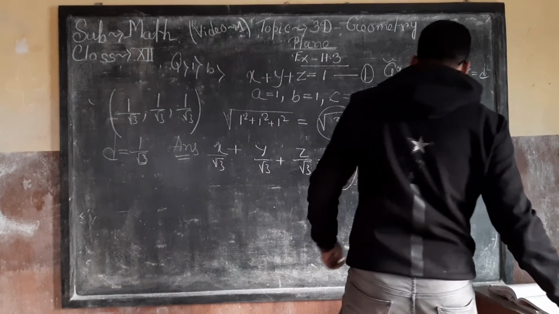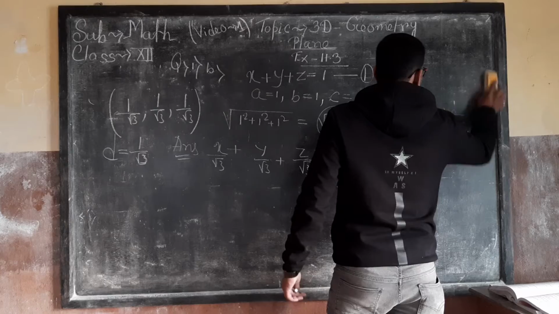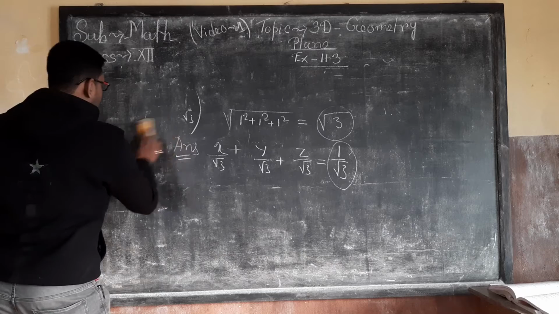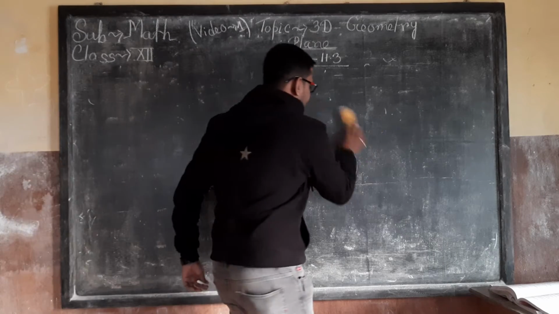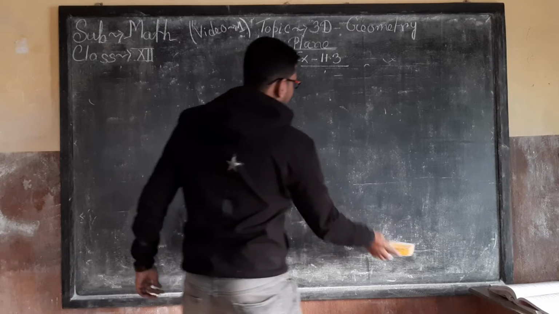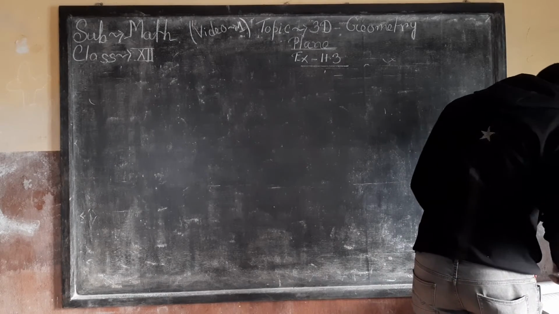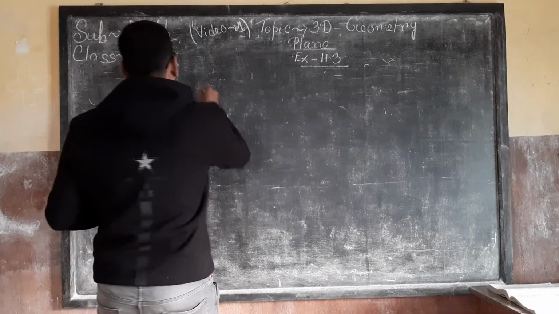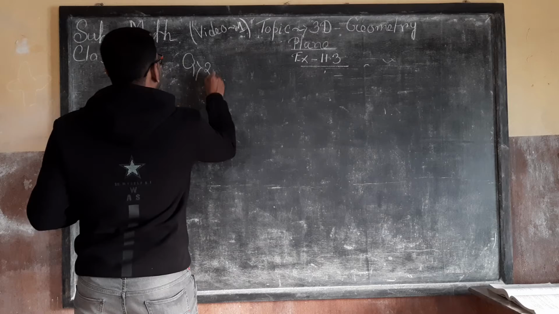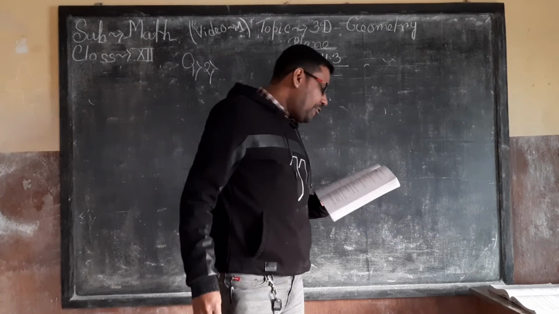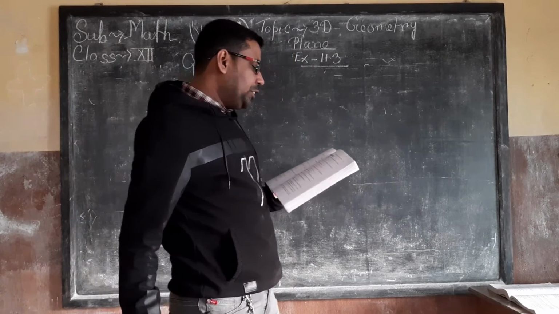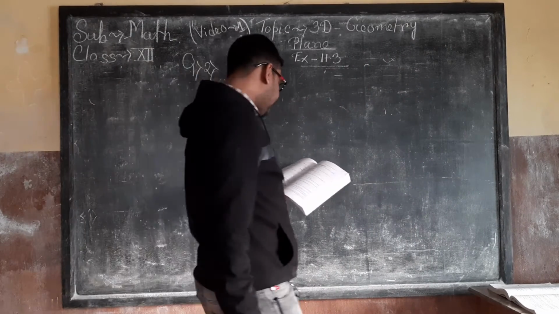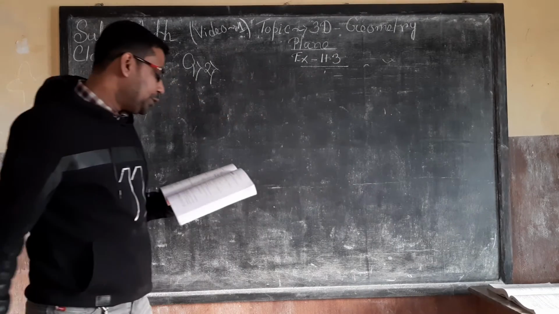Okay, so next one. Question number 2. Find the vector equation of a plane which is at a distance of 7 units from the origin and the normal to the vector.